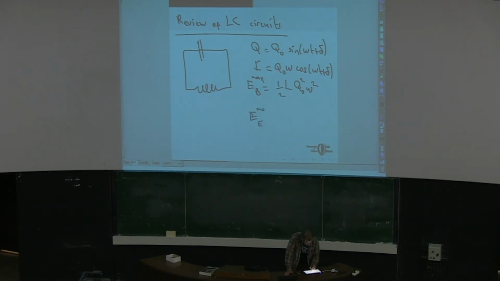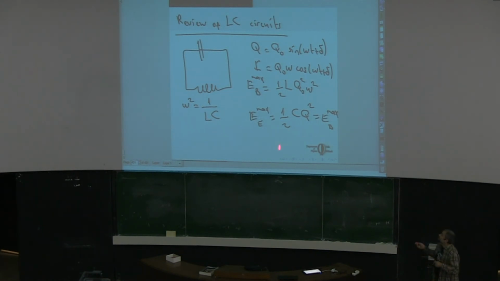The maximum value of the energy stored in the electric field was 1 over 2 C Q squared. But also remember, omega squared is 1 over LC. This was the omega. So it's basically making an oscillation.